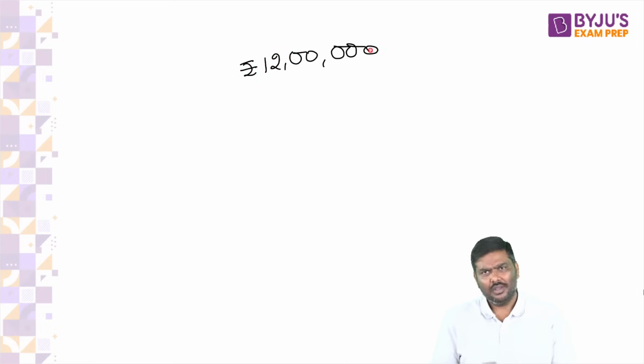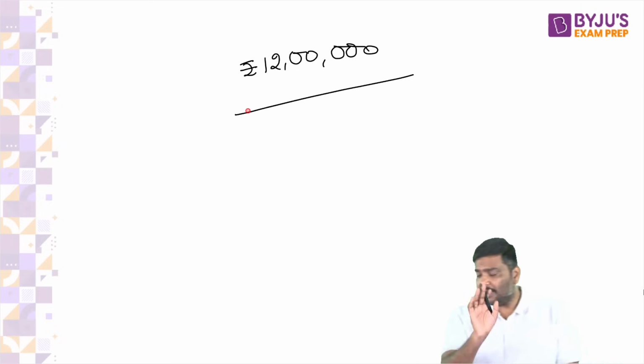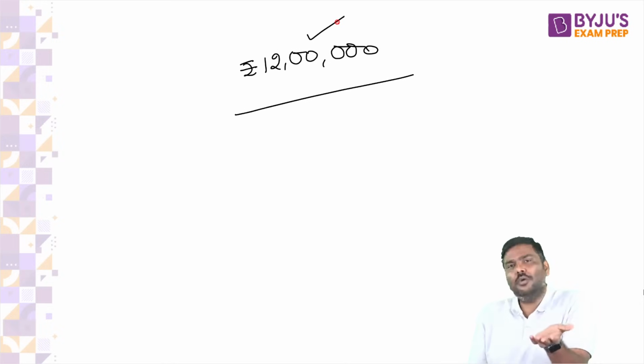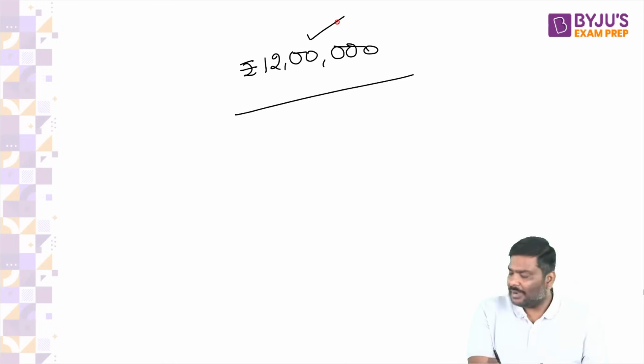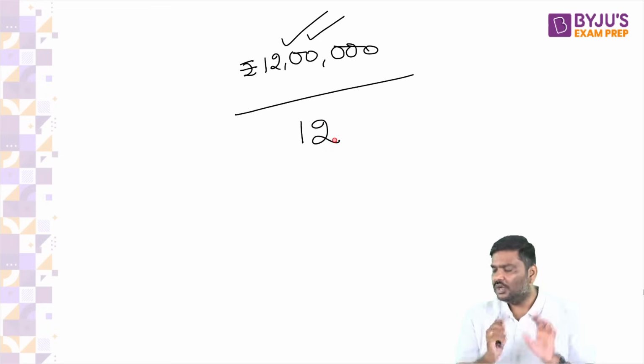Congrats. Now many of you are very good with CSAT. You will take out your mobile, go to the calculator app, and type 12 lakh divided by 12 months.